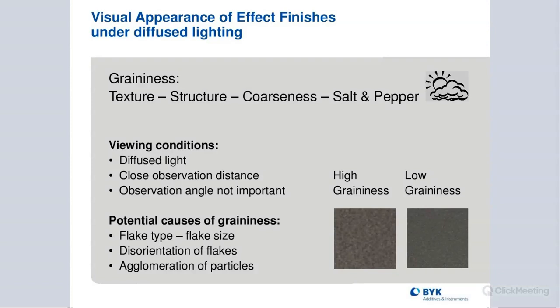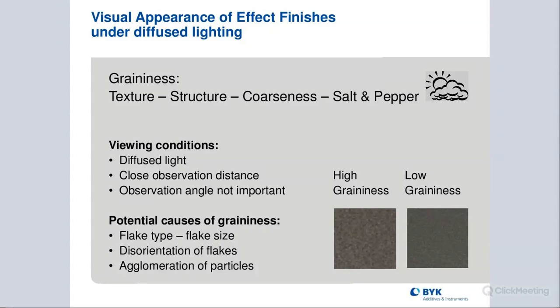Graininess is, again, diffuse illumination, and that's going to give us this texture or coarseness. Since it's diffuse illumination, the observation angle does not matter, and it won't really affect how you see graininess, but the distance is very important. We can't resolve graininess from, say, 15 feet away.